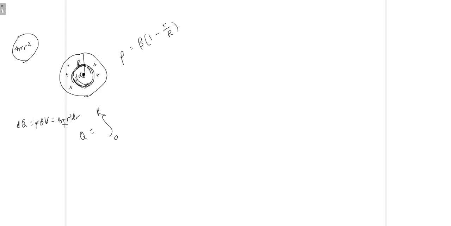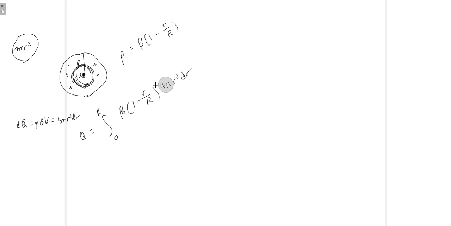So what we have is this. Now we know that rho is equal to this, so we need to write down beta times 1 minus r over R times dq, but we know that dq is also equal to 4 pi r squared dr. So we need to integrate this.